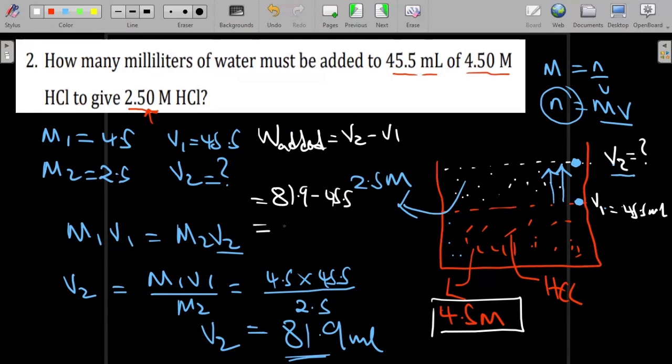So what are we going to find as the water added? When we subtract 81.9 minus 45.5, we find 36.4 milliliters. So this here is the amount of water added in milliliters. All right, we are done with this question.